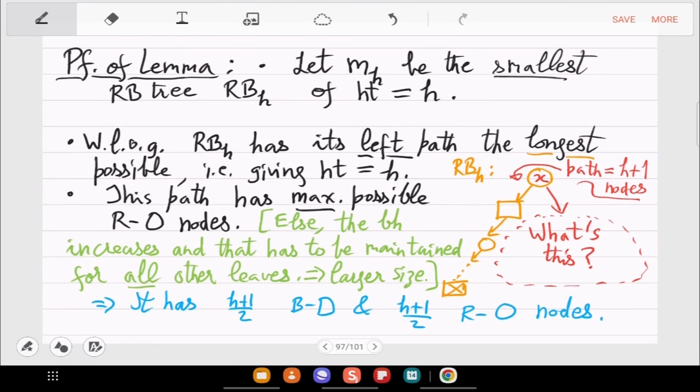It's a recursive structure. Every subtree has to be arbitrary. The axioms were actually recursive. So clearly, left subtree is also arbitrary, but of height 1 less. Now height h minus 1. So for that, you should recursively pick RB_h minus 1.